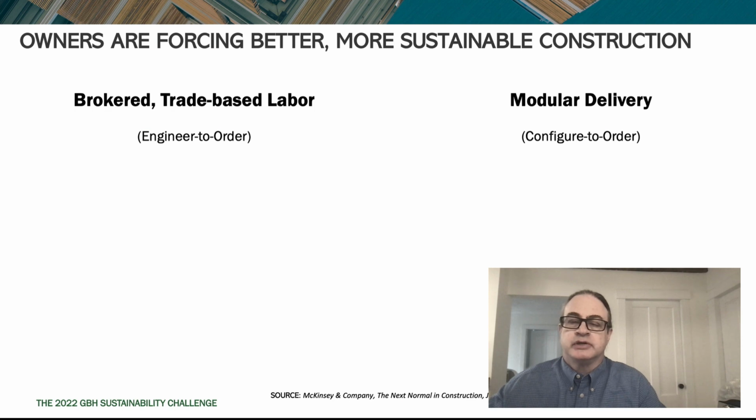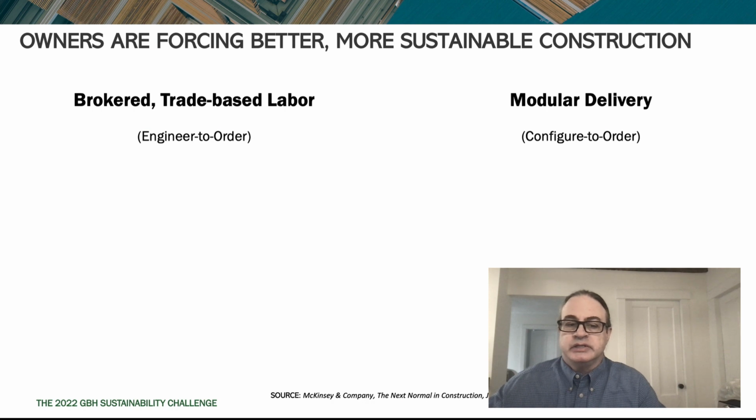When we talk about modular, we're not talking about trailers or anything like that, like you might have thought of modules in the 80s and 90s. We're talking about assemblies that can be popped in that don't require a different trade sequencing to do them. So modular delivery, a bathroom pod, it has all of the interface points for electricity, water, air. And so that's why it's considered a module.